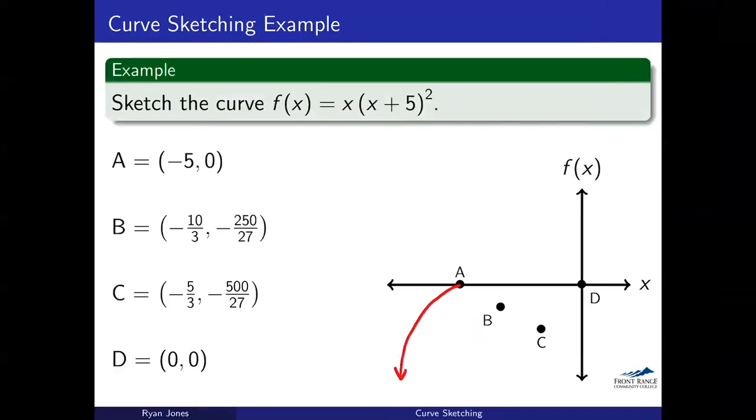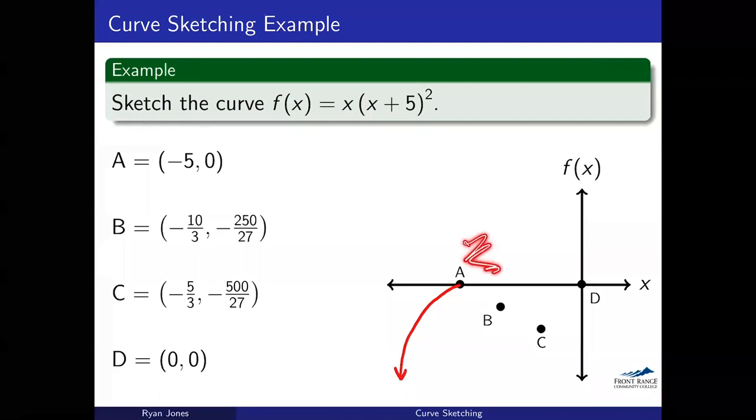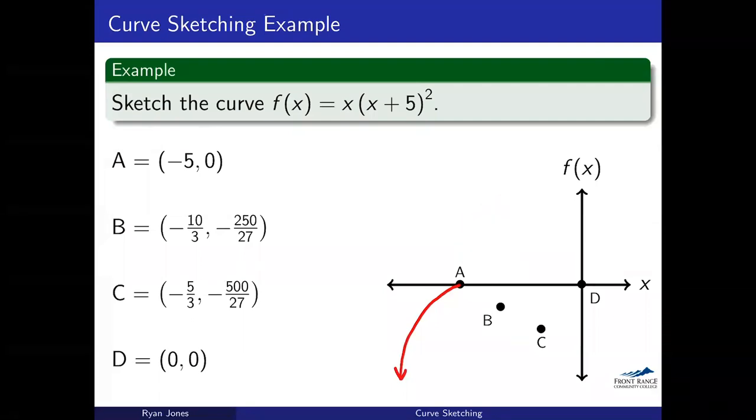So my function is negative, so I better not draw anything up here. I better only draw down here. It has to be decreasing, so I have to go down, and it has to be concave down still because my second derivative was negative. And that leads us to just one possibility of things that we can draw. Ooh, let's make that look a little better. Right, like that. I'm negative, so I'm below the axis.